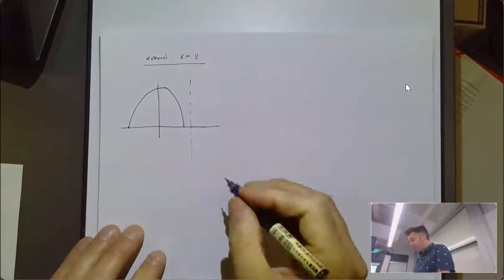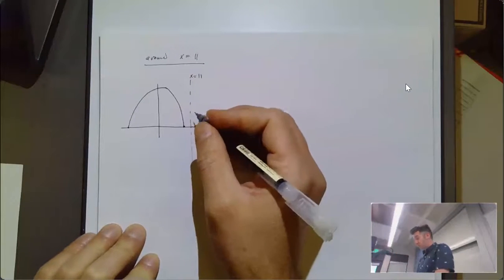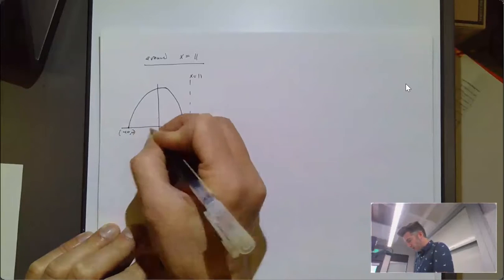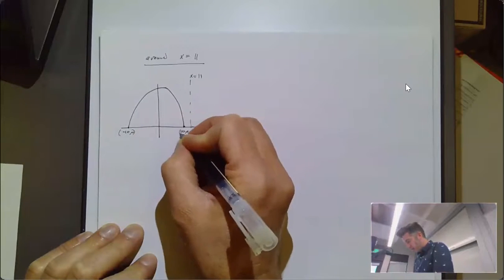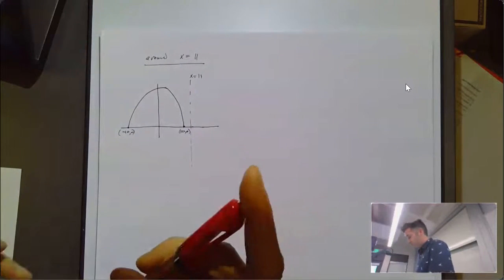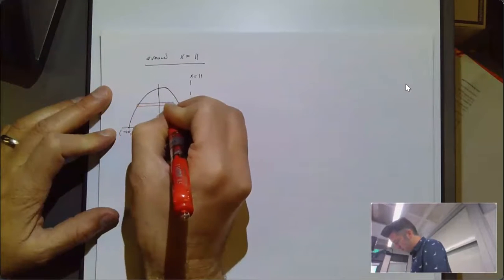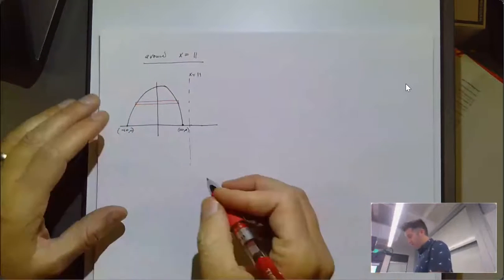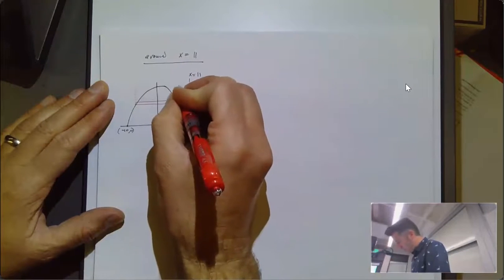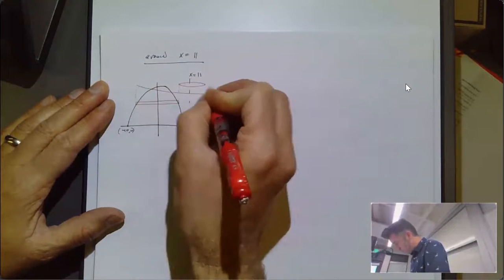So unlike the previous problems, where our axis of rotation was a horizontal axis, in this problem, our axis of rotation is a vertical axis, meaning we're going to have to use horizontal strips. So I think about rotating this horizontal strip around the axis, I'm going to get this kind of washer.